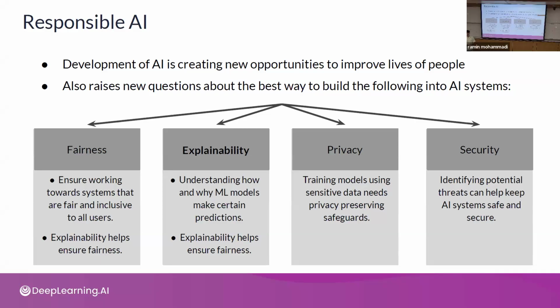We need to use AI as much as we can, as long as we don't harm. The idea of responsible AI means that whatever you build should be fair for everyone, explainable, and adhere to privacy and security concerns, right? That should be your motto when you build.